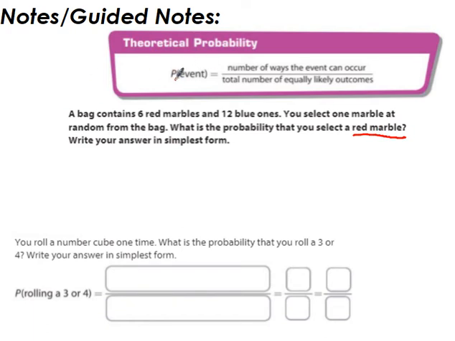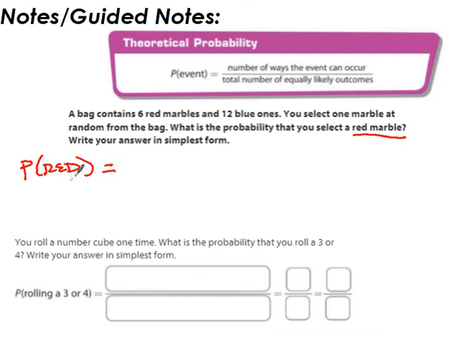So the probability of an event happening is equal to a fraction where the numerator is the number of ways that specific event can occur. If I'm looking for the probability of red, P(red) means probability of red.